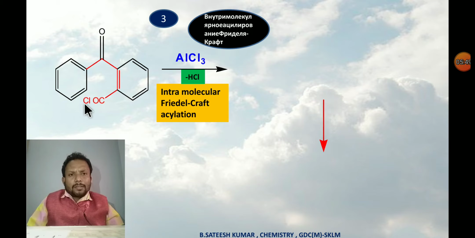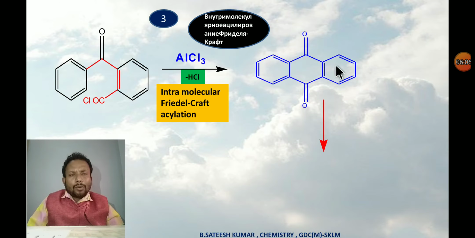This acyl chloride, in the presence of AlCl3, generates an acyl carbocation. It acts as an electrophile. So substitution occurs ortho to this alkyl group. So we will get a cyclic diketo compound with elimination of HCl.